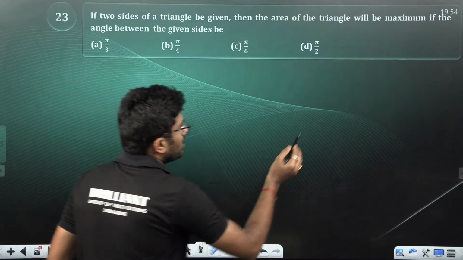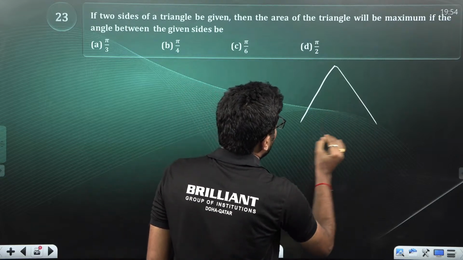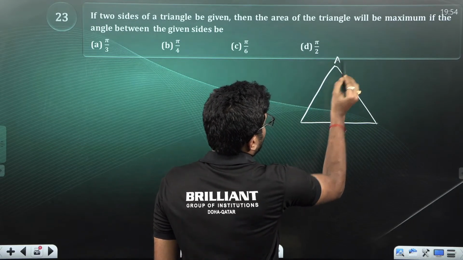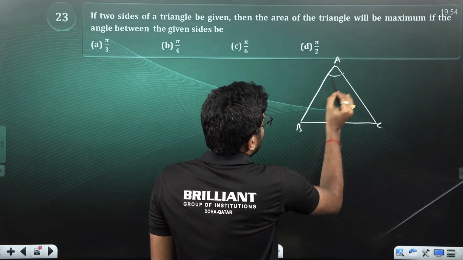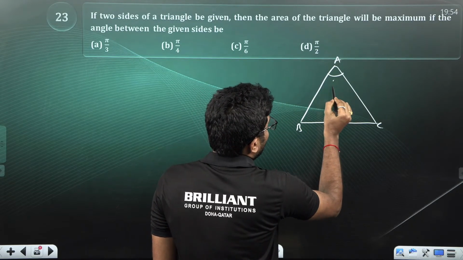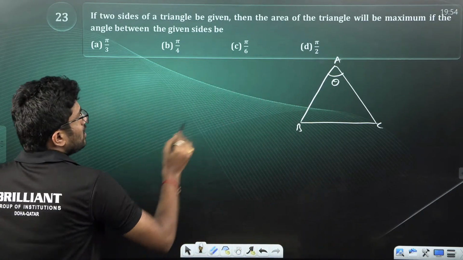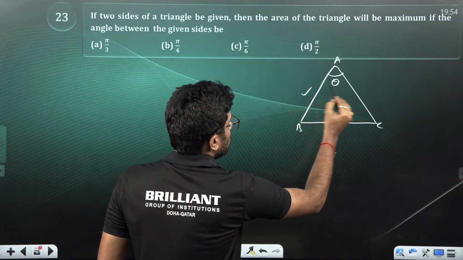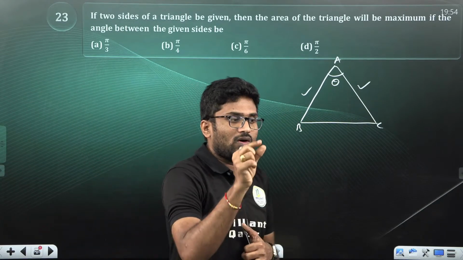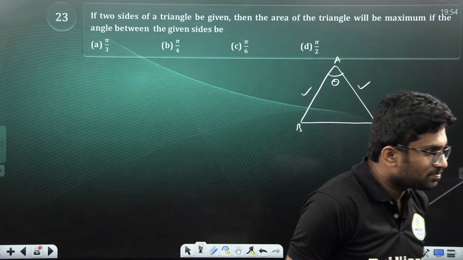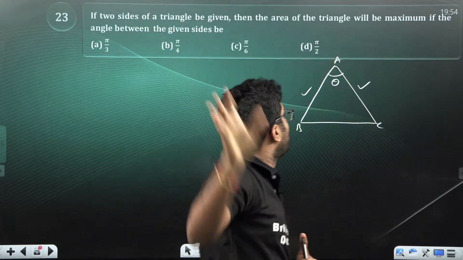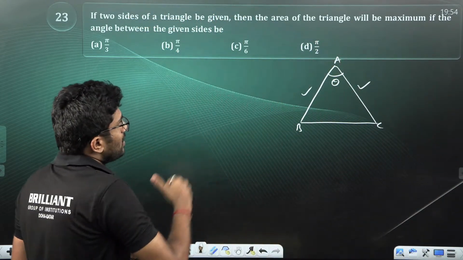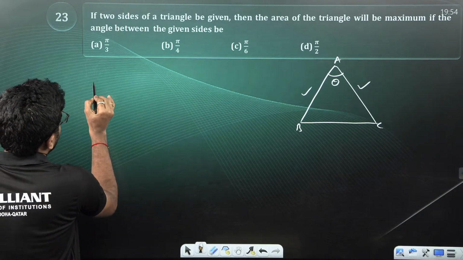Before we do it, do you remember one thing? Suppose there are three sides, A, B, C. Imagine that you know AB and AC, and theta is the angle between them. What is the area of this triangle?